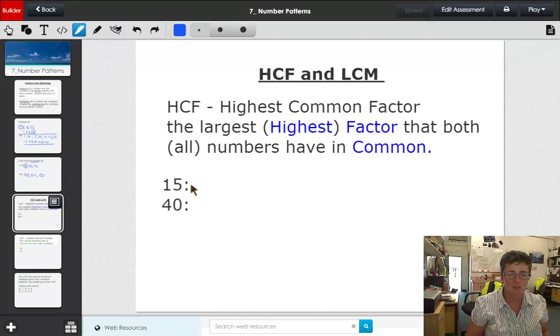So the factors of 15, as we worked out before, are 1, 3, 5, and 15.